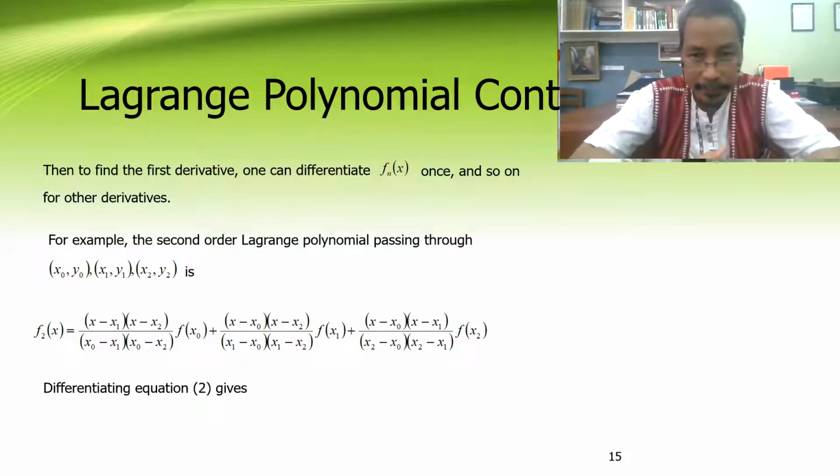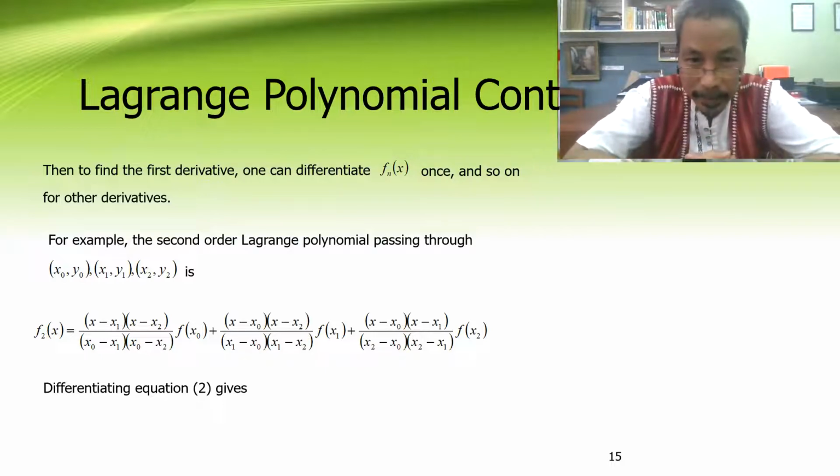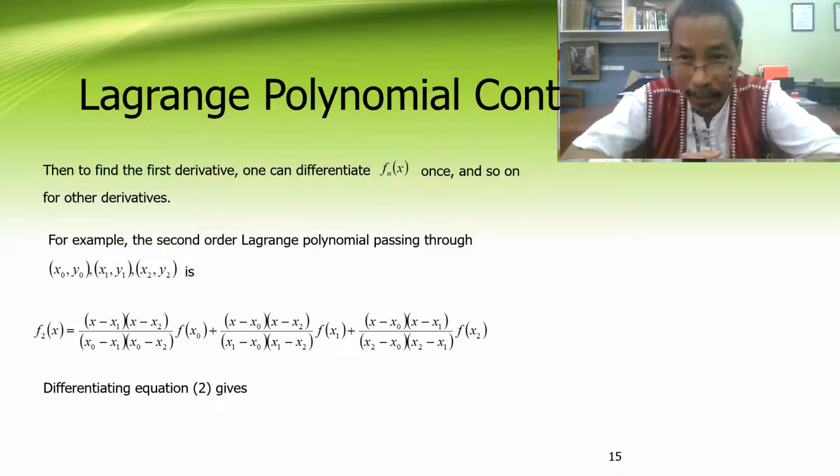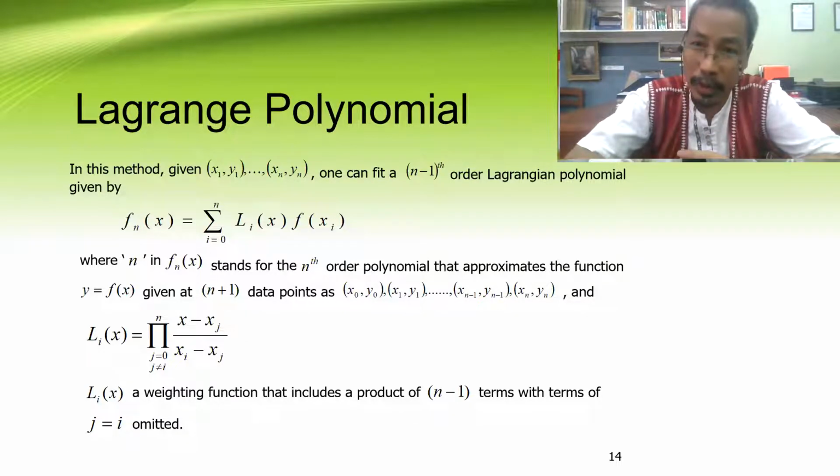You will notice there is no x1 minus x1 or x2 minus x2 or x0 minus x0, because that is not allowed. That is what we mean by this condition, j is not equal to i, omitted. Because if they are equal, for example 0 minus 0, that will become 0 and the whole thing will become 0. So that is omitted.